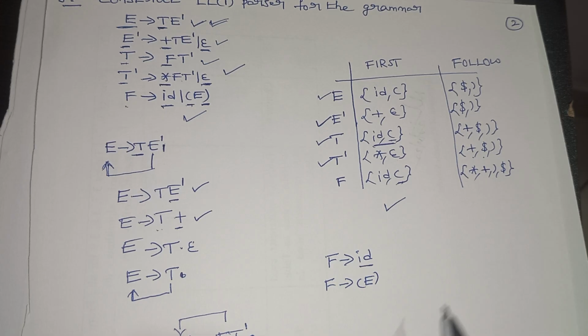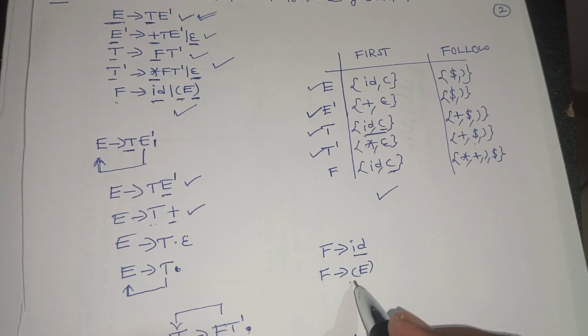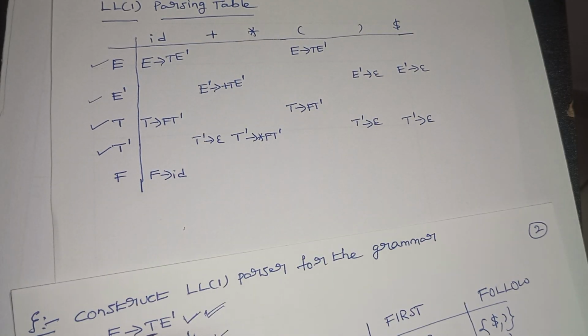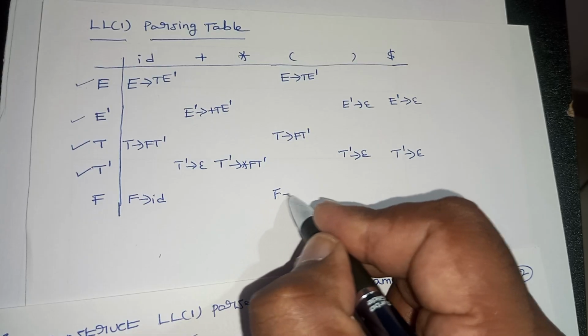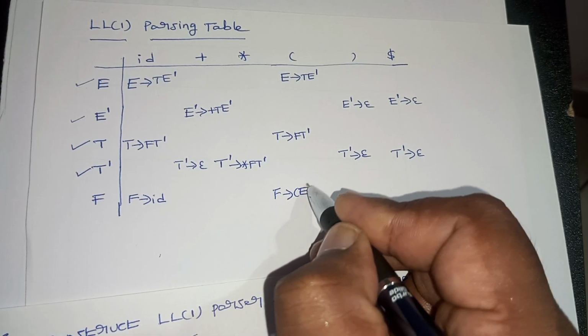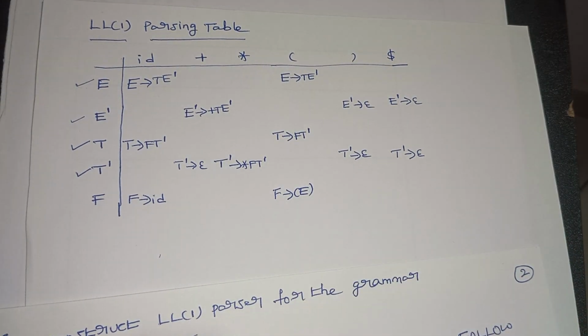Next, first of RHS is left parenthesis, so under left parenthesis you write F tends to (E).